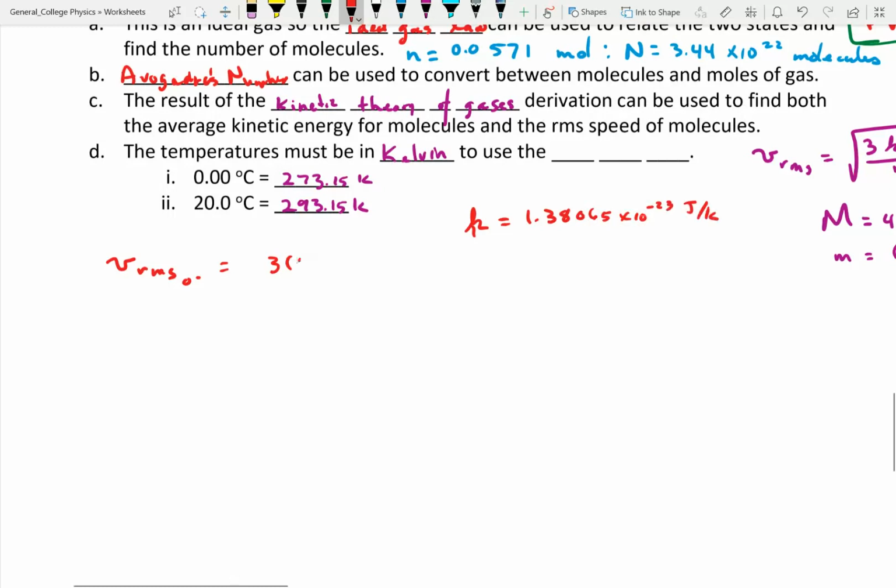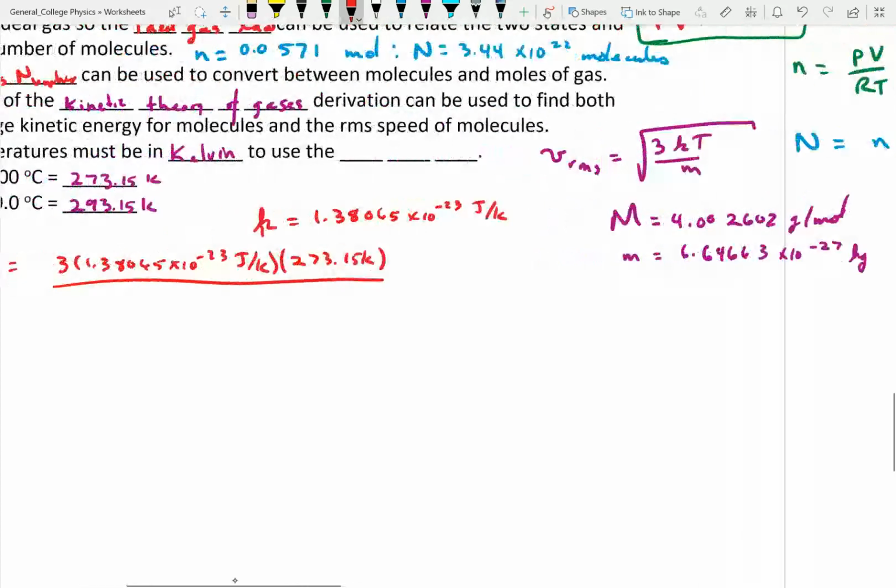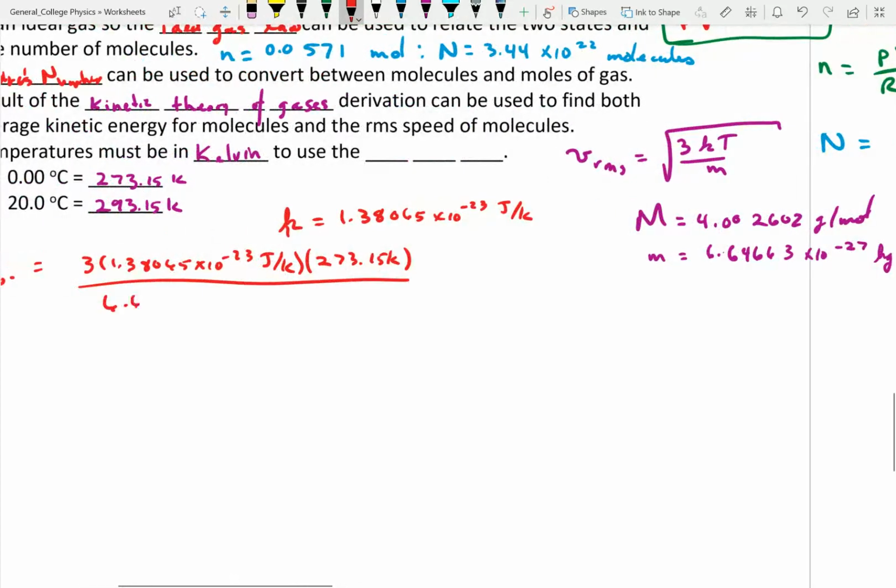And so I got that here: 1.38065 times 10 to the minus 23 joules per kelvin, times my temperature of 273.15 kelvins, divided by the mass per mole, which you can see right there, 6.6463 times 10 to the minus 27 kilograms.